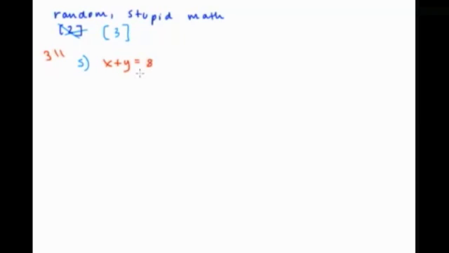Well, if we want to find a slope, we have to put this in the form y equals mx plus b, and from there we can determine that m would be the slope. And b could also be the y-intercept if you want it to be.